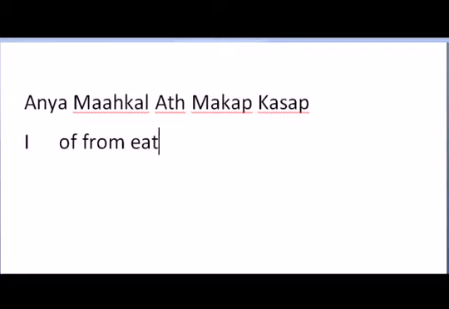Ma'akal. I eat with spoon. What type of spoon? A silver spoon. Alright? I eat with spoon silver. Anya ma'akal ath makap kasap. I eat with a spoon. What type of spoon? A silver spoon.